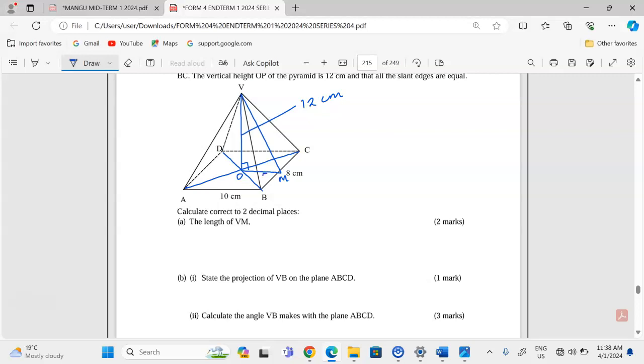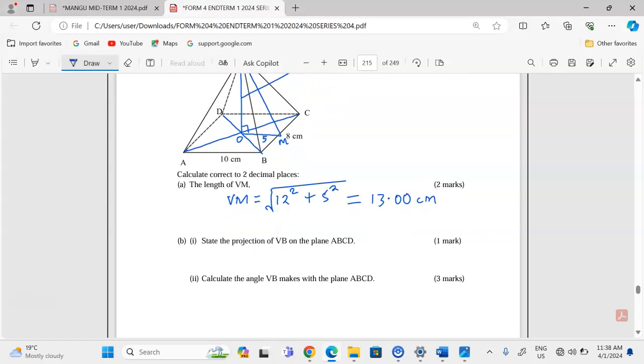So if that is 5 centimeters and the vertical is exactly 12, then we can get VM using Pythagoras theorem: VM is the square root of 12 squared plus 5 squared. I'm getting 13, but I'm required to give it to 2 decimal places, so 13.00 centimeters. That is length VM.